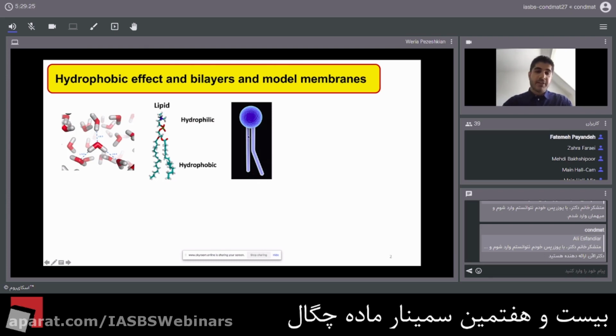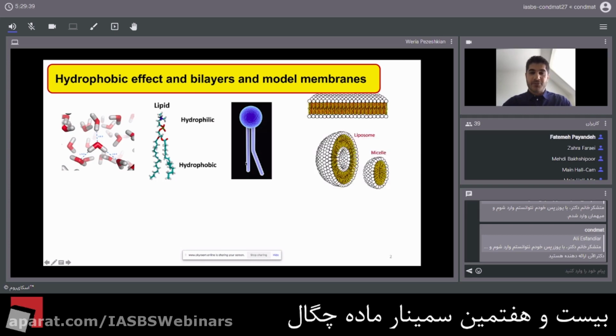These chains are typically 2, but you have cholesterol, which has 1, or cardiolipin, which has 4 chains. Also this kink here is very important. This represents that there is a double bond in this carbon chain, which is important.